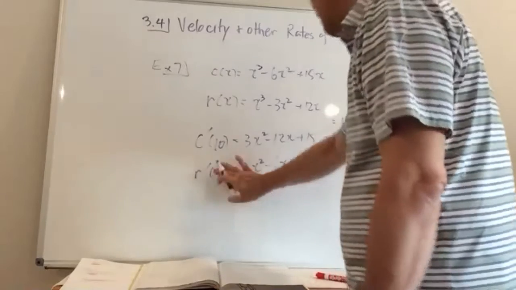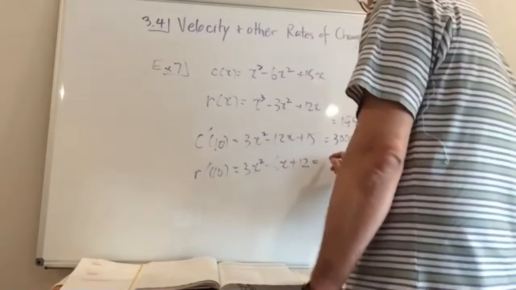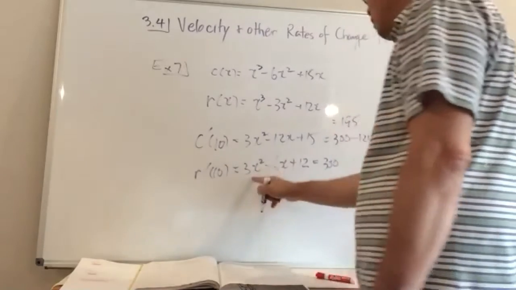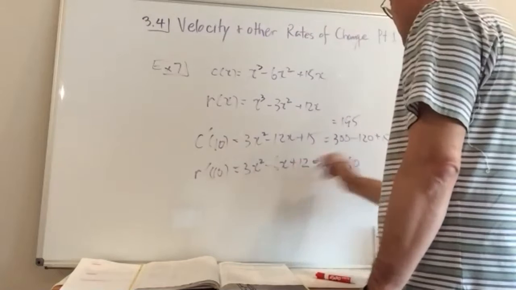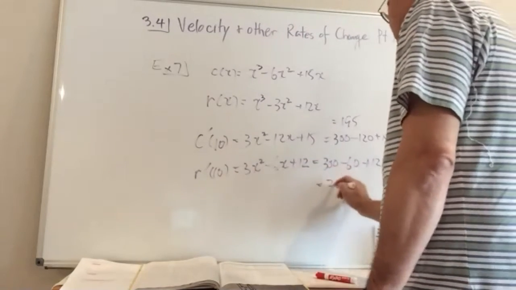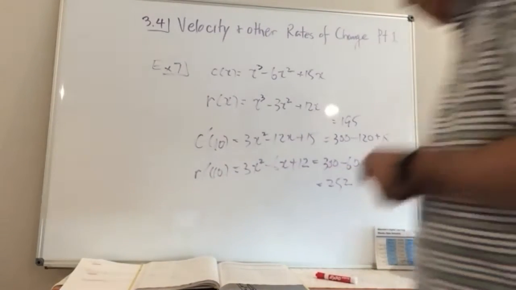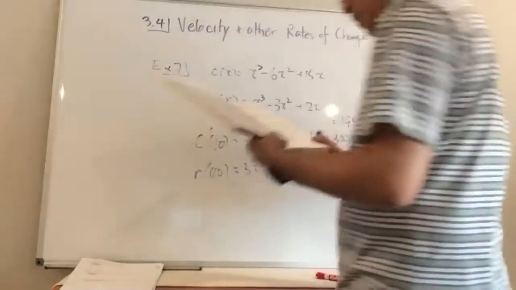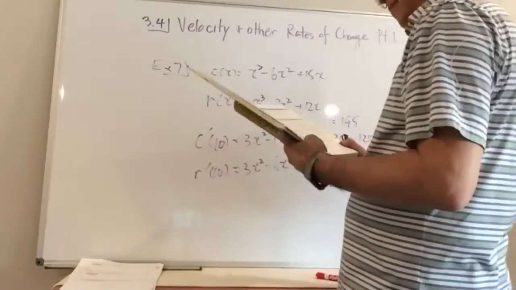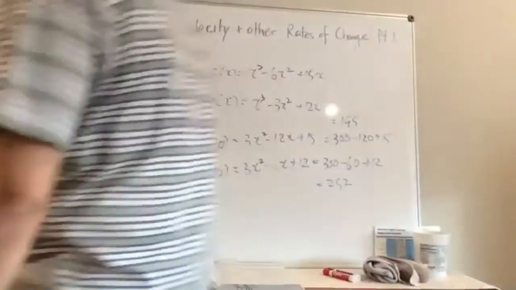If I put the 10 in here, I'm going to get 300 minus 60 plus 12. That's 240, so 252. And that's that. And we are done with 3.4.